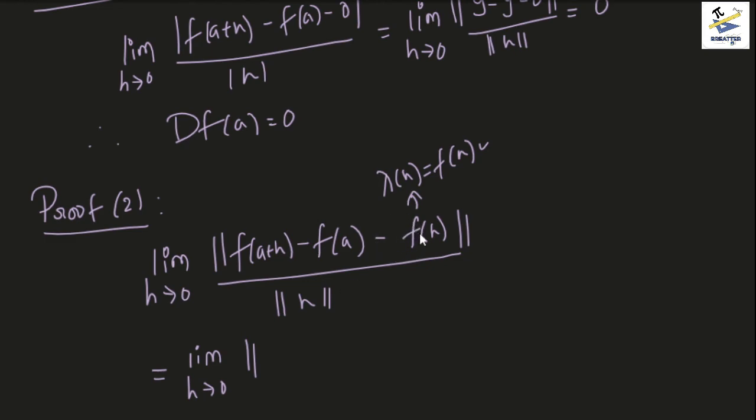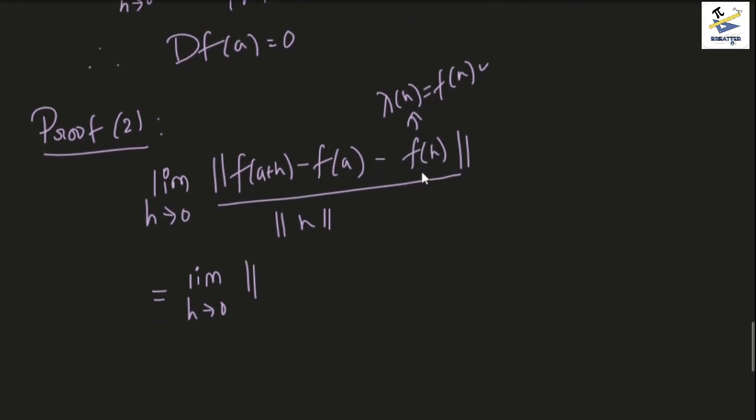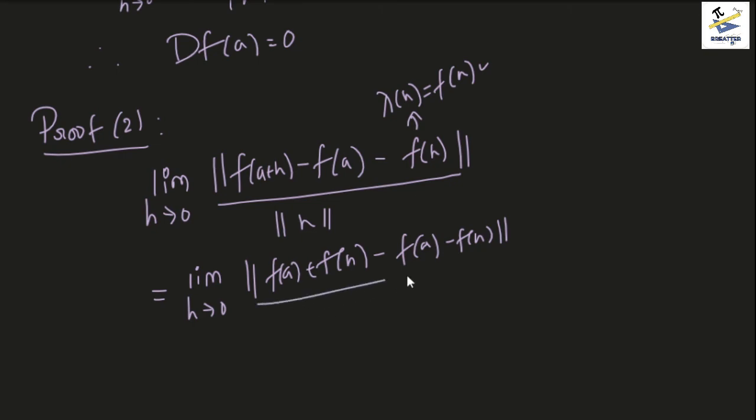So in this case the derivative should be f of h itself, and we are trying to prove that this limit is 0 so as to establish the fact that the derivative is itself. So since f is a linear transformation, it follows the property of a linear operator. So f of a plus h is basically f of a plus f of h, and we already had minus f of a minus f of h equals 0 because the numerator is 0.